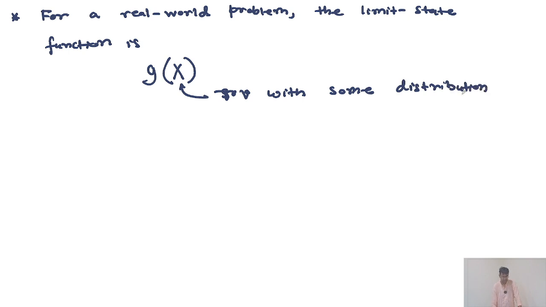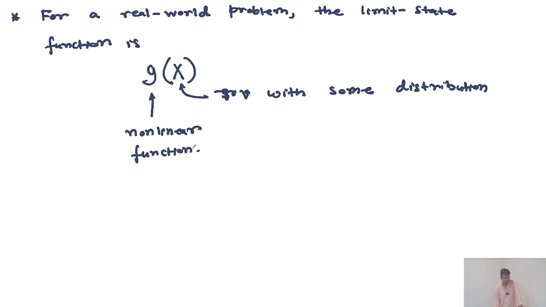And not only that, even if this X is Gaussian, having Gaussian distribution, even in that case, this g will potentially be a nonlinear function like PL cube by 3EI. This g will have some nonlinearity in X. This will be a nonlinear function.